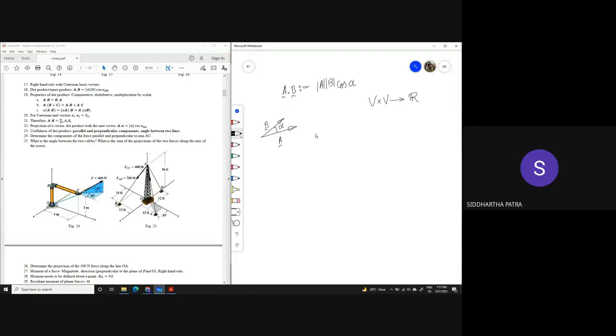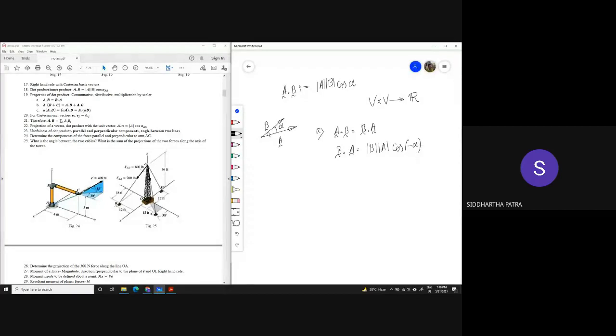The first property is the so-called commutative rule, which is basically A dot B is B dot A. To prove that, B dot A is again the magnitude of B times the magnitude of A, and then cos of minus alpha.